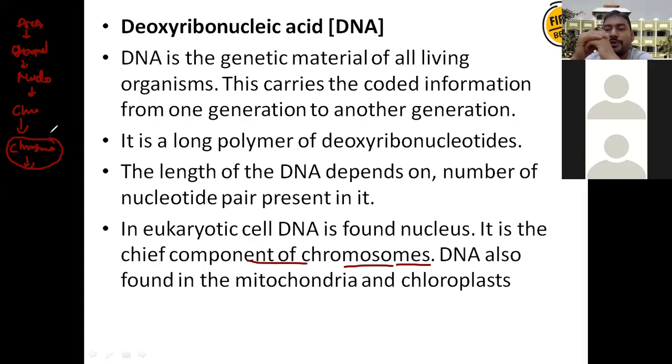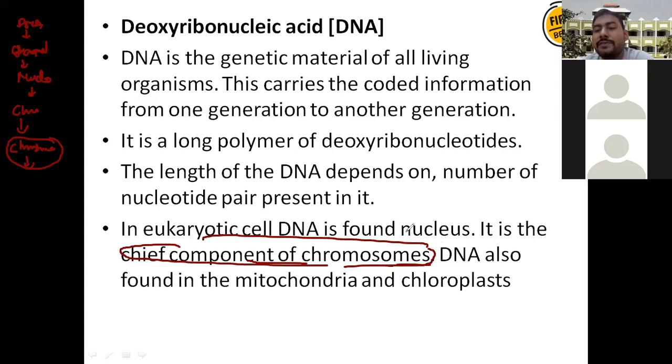DNA with histone protein molecules combines and forms a structure known as the nucleosome. Nucleosomes again combine to form the chromatin. Condensation of chromatin takes place and forms a rod-like structure attached with the centromere, which is called the chromosome. So you can say that DNA is the chief component of the chromosome. Are you getting it or not?